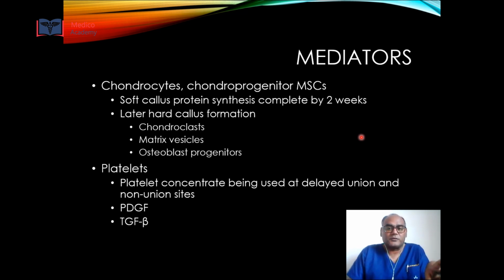Alteration of the tissue from collagen 2 to collagen 1 is brought about by chondroclasts, just like osteoclasts which degrade the bone matrix. Chondroclasts degrade the cartilage matrix, and that type 2 collagen is changed from type 2 to type 1.